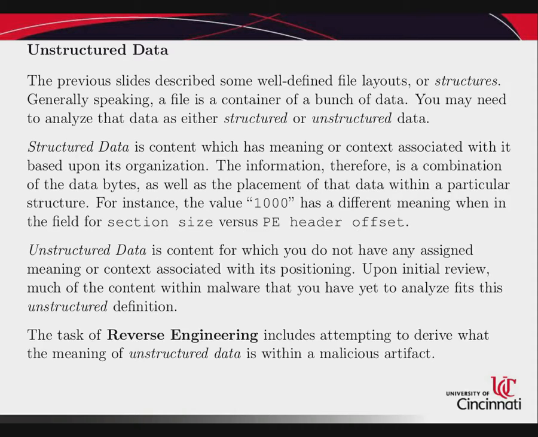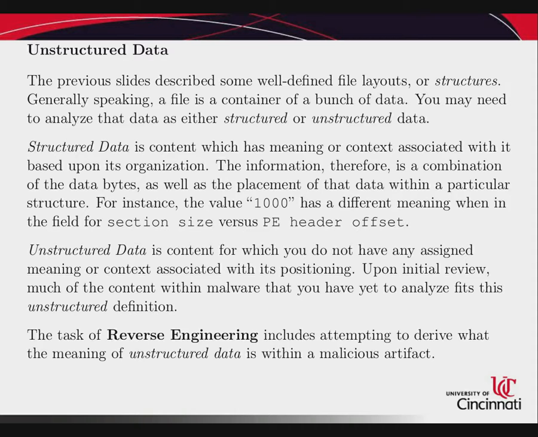So structured data, I mentioned this earlier, but here's a more delineated definition, is content that has meaning or context associated with it based upon its organization. The information you're getting is really a combination of the data bytes, the values of the bytes, as well as the placement of the data within a particular structure.